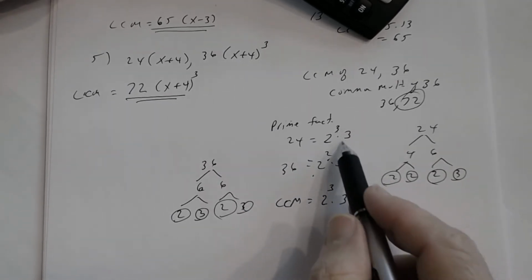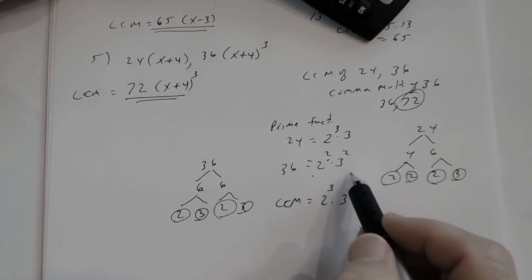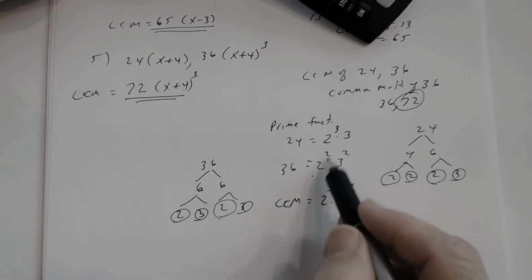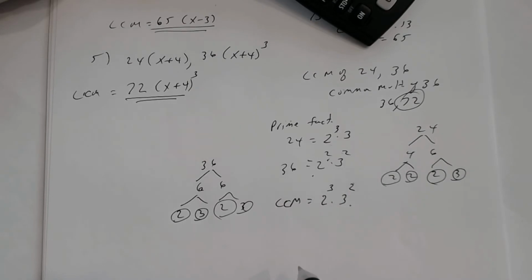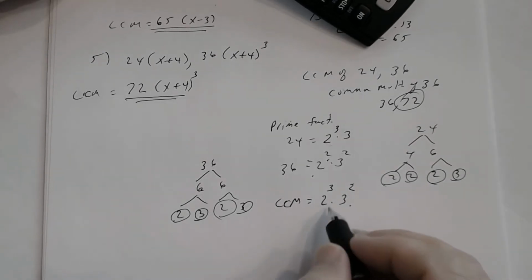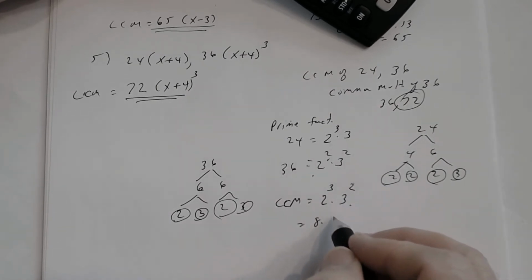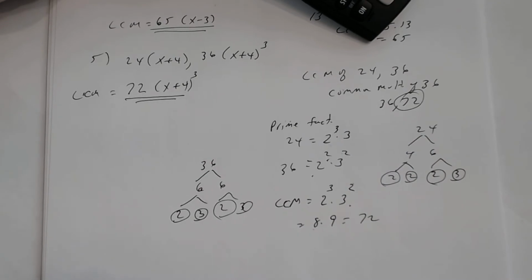How many factors of 3 do you see here? 1. How many factors of 3 do you see here? 2. So how many do I need? 2. Think about this, this is 9, so 9 must go into this. So I need a 9 here. And so you get 2 to the third, which is 8, 3 to the second, which is 9, and 9 times 8 is 72, and that's what we said it was.